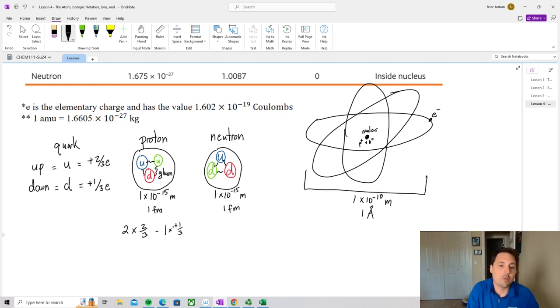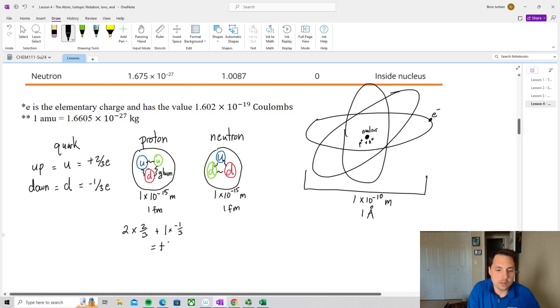I'm sorry about that. Oh wait, no, that's right. So we have to add them together. So adding a negative, 2 times 2/3 is 4/3, and then we add a negative third, and that gives us a positive 1 electric charge for a proton.